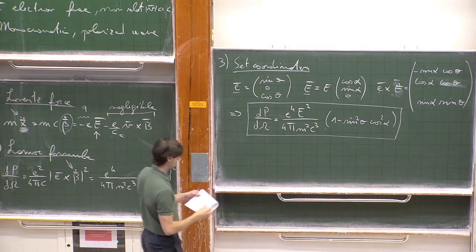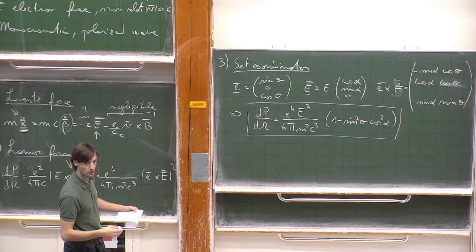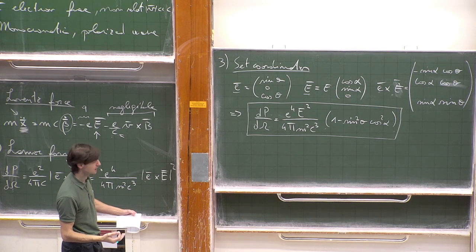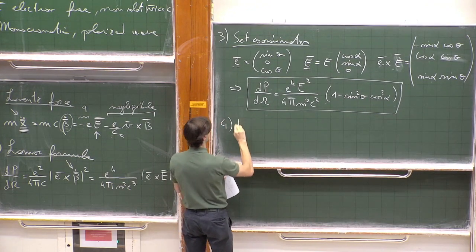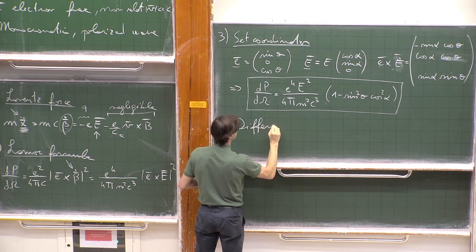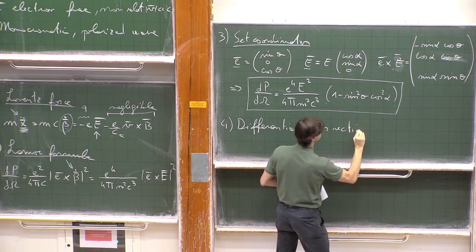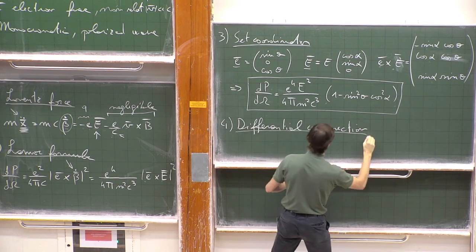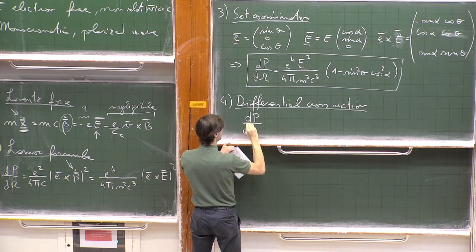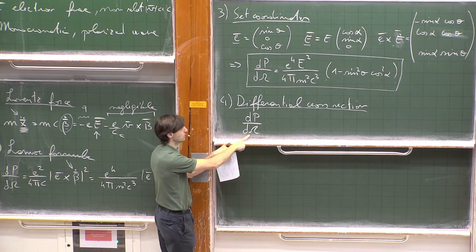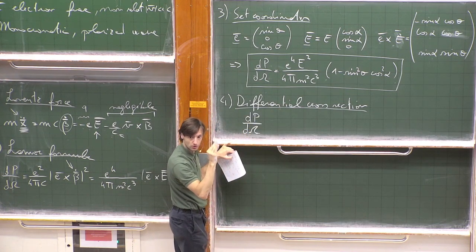But this is for an incoming electromagnetic wave, and we know what the power emitted is. Now what we can define is the differential cross-section. That allows you to link the power that is emitted per unit of solid angle, that's why it's differential, because it's the cross-section per unit of angle.